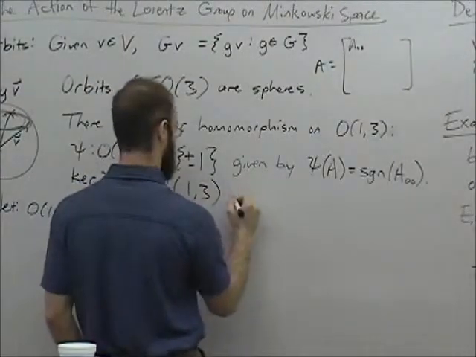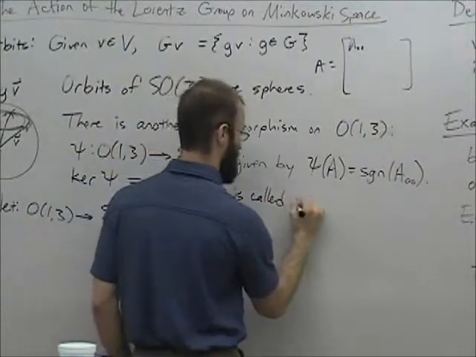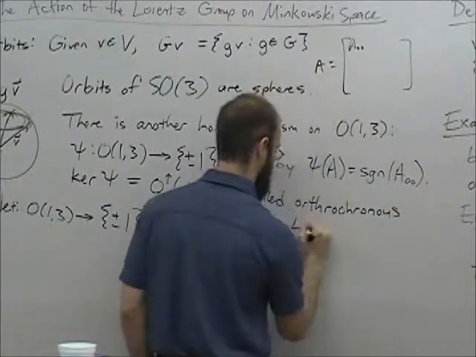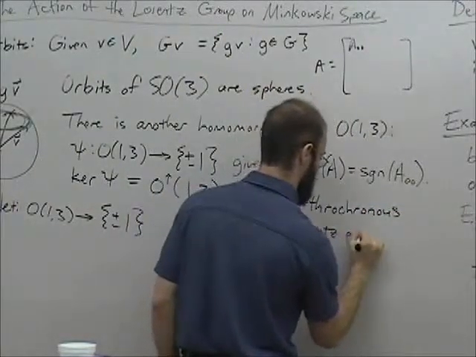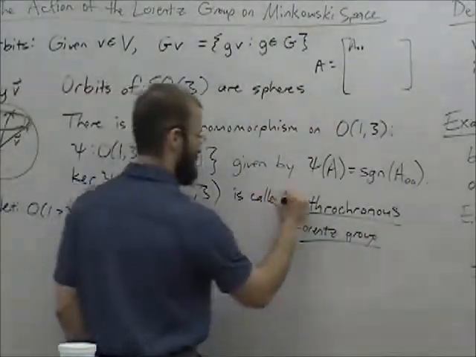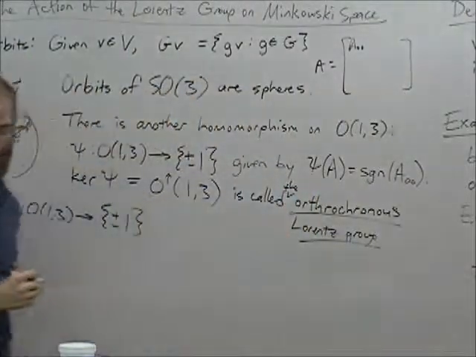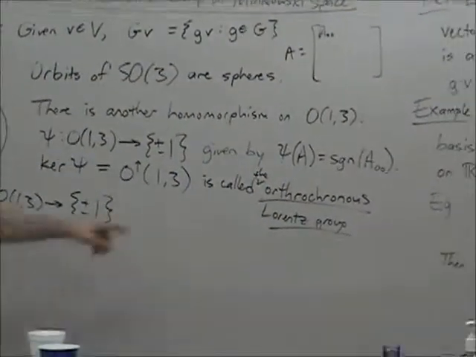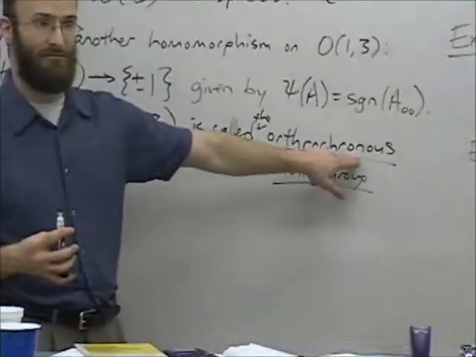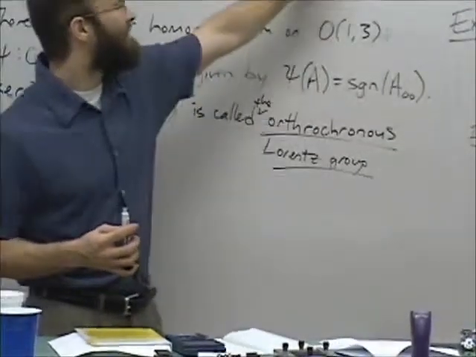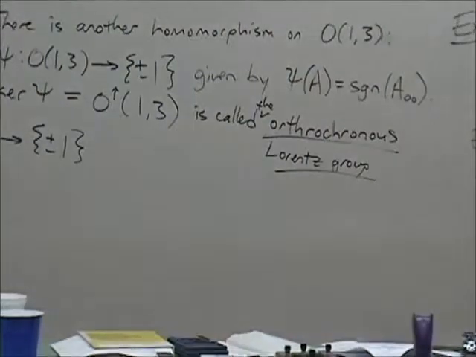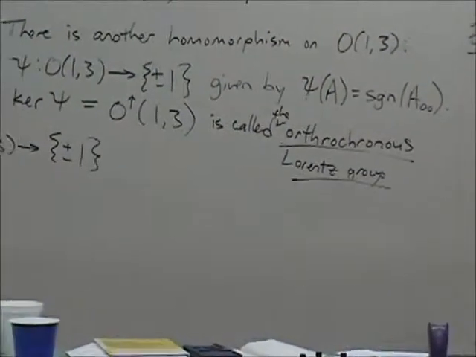It's called the orthochronous Lorentz group. Orthochronous. You're going to guess, well, chrono means time. We're dealing with the time coordinate. What these transformations do is preserve time order.